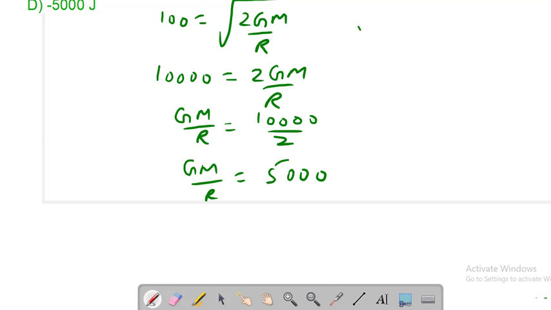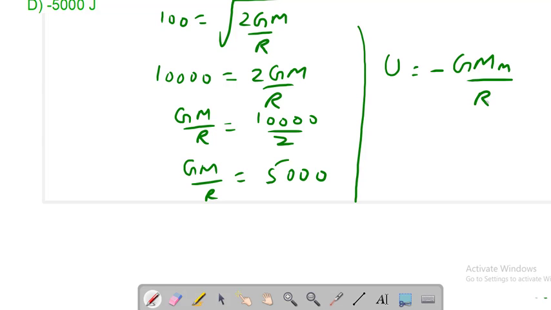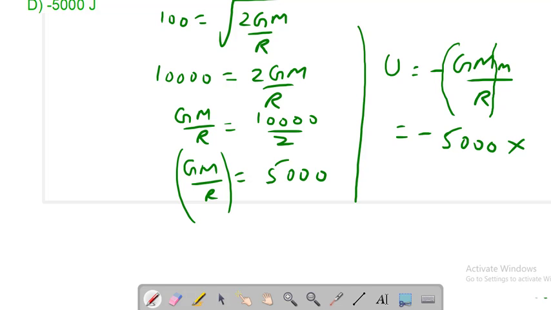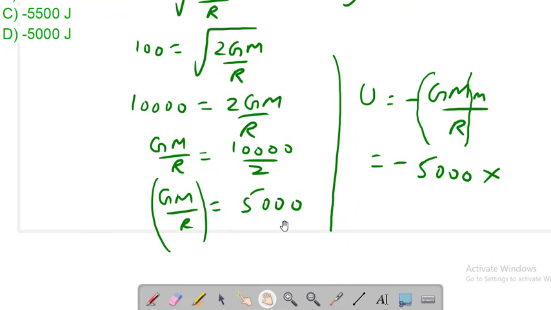Now we have the expression for the potential energy. U, the gravitational potential energy, is minus gMm upon r. We already derived this gM upon r, which is actually 5,000, so we have minus 5,000 into the mass, small m, which is given as 1 kilogram.